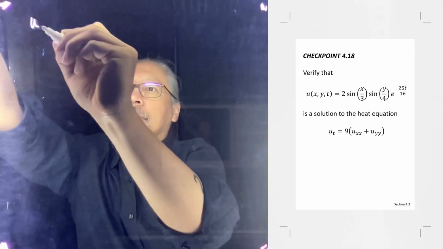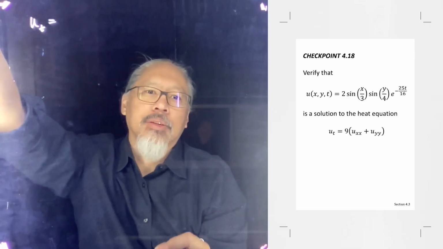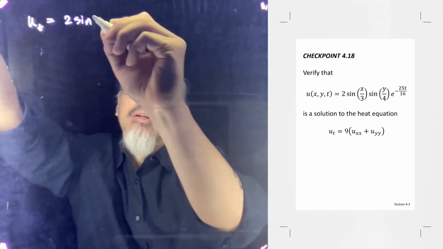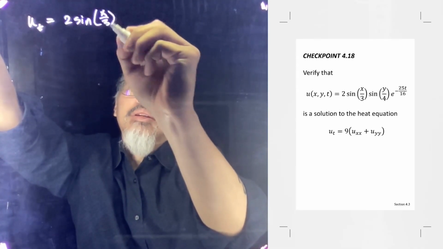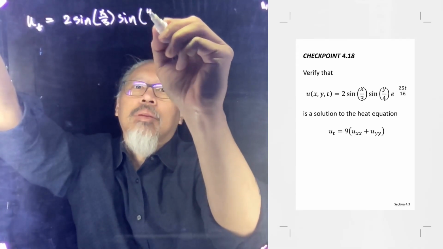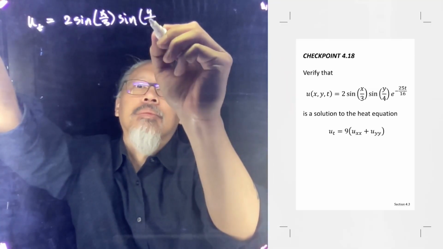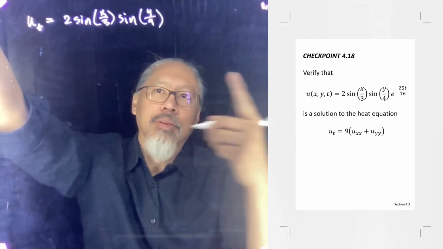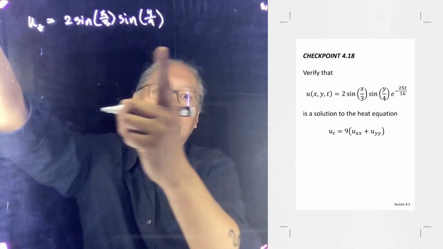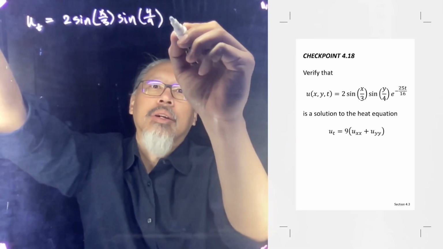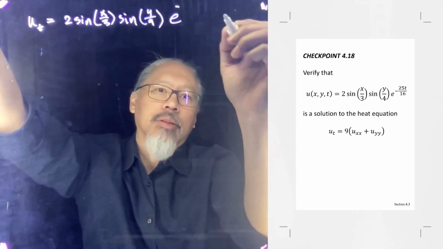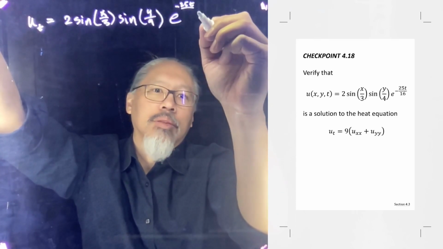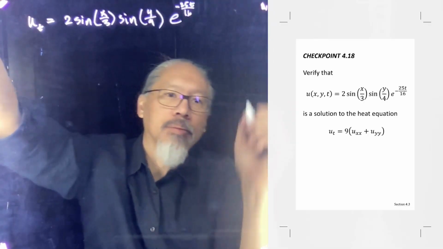Let's figure out what u sub t is for starters. We have 2 sine x over 3 times sine y over 4 times the derivative of, so this is constant with respect to t, and then we just need to take the derivative of this factor, e to the negative 25t over 16.